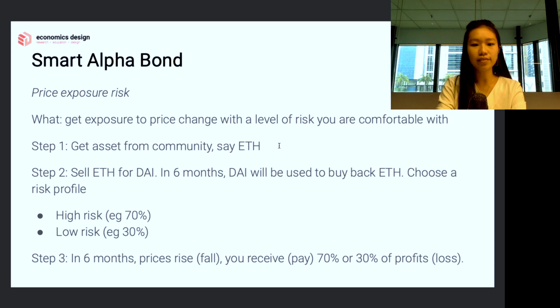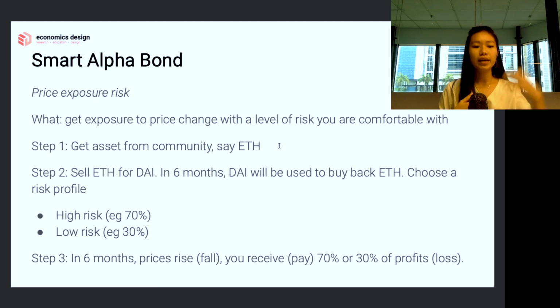So within 6 months, let's say 6 months ago, ETH was worth $400. Today, ETH is worth $500. So prices rise, it means that prices rise by $100.